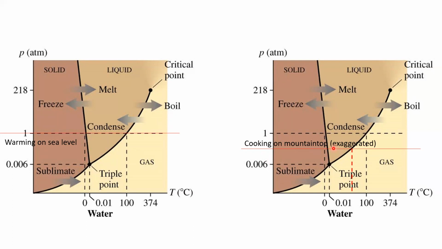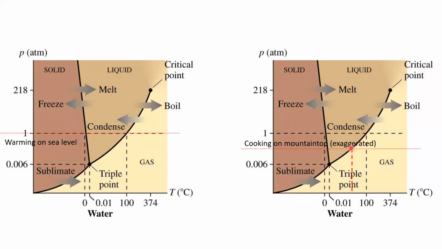and you put your pot of water over an open flame, your pot is still exposed to the atmosphere. It's not in a pressure cooker. So it's going to remain at this pressure, whatever that pressure is. Maybe it's 75% of 1 atmosphere. And the temperature will rise until you get here. This is, I think they call this a phase transition curve or phase equilibrium curve.